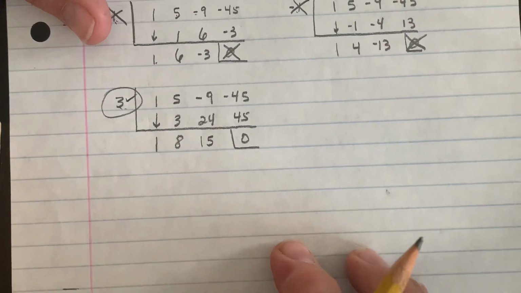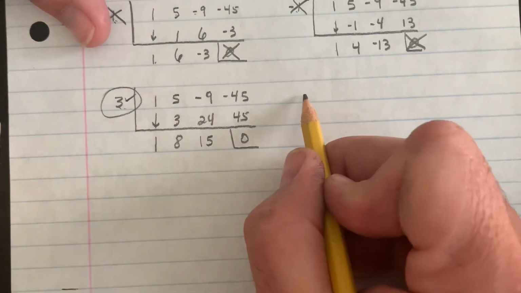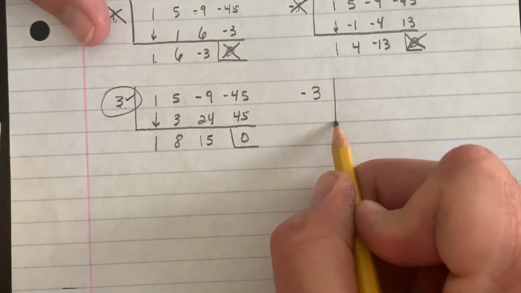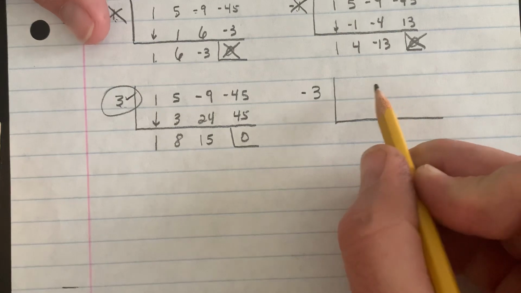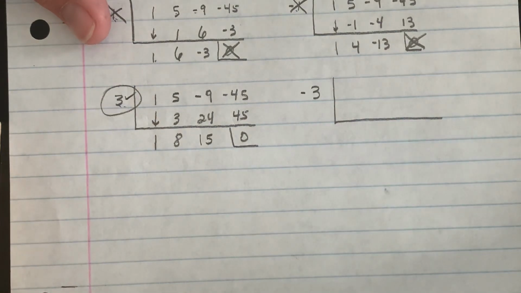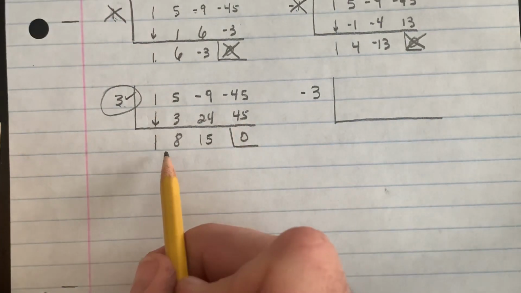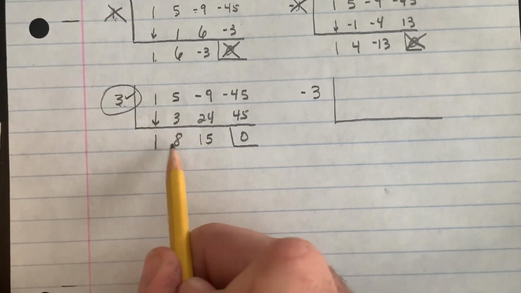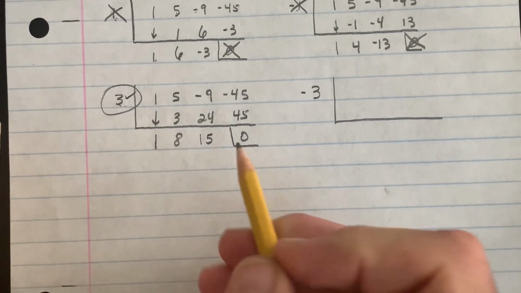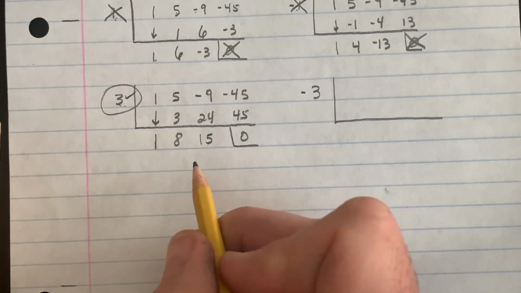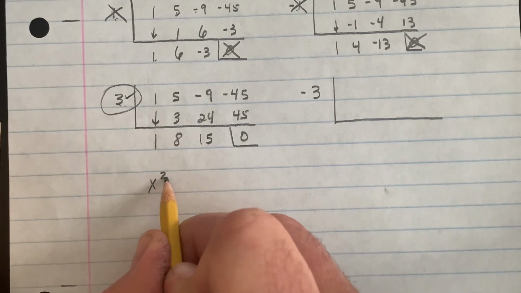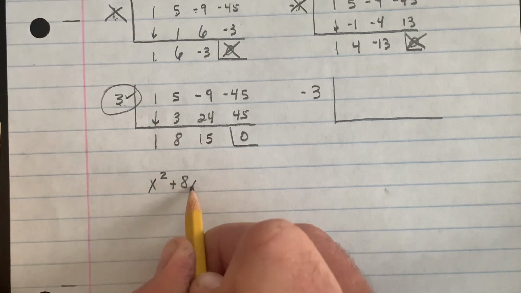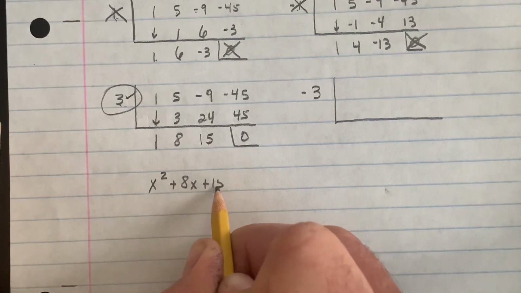Now you could continue on and go with negative 3 and see if that one would work. But since we started out with a cubic, when you use synthetic division, it's always one degree less. So this particular problem is now x squared plus 8x plus 15.